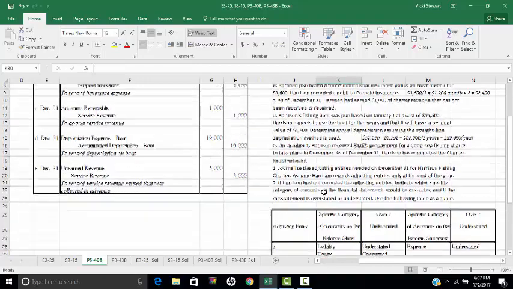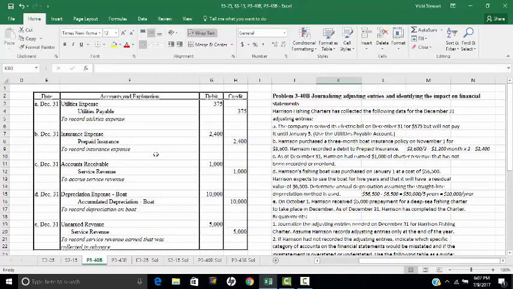Okay, so the second one, it says that was where we recorded insurance expense and we credited prepaid insurance. So again, expenses, if we had not recorded that, would have been understated on the income statement. What about prepaid insurance? Well, that's a credit to prepaid insurance. Prepaid insurance is an asset. A credit to an asset is going to reduce the assets.